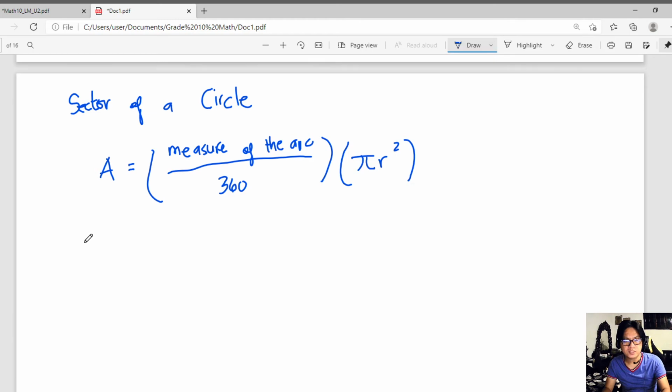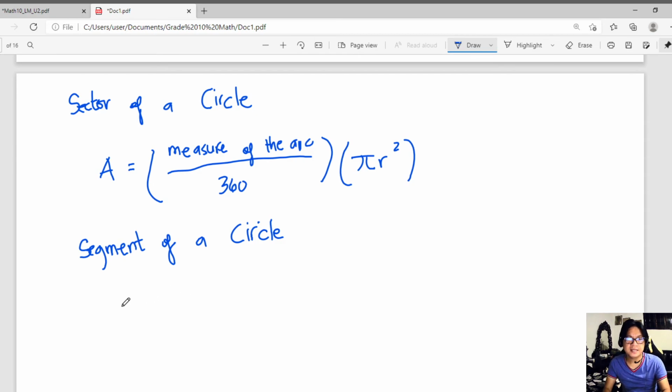Next one is the segment of a circle. The sector is like a pizza, and the segment is like the crust of our pizza.